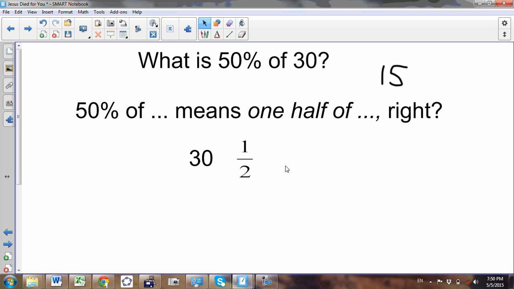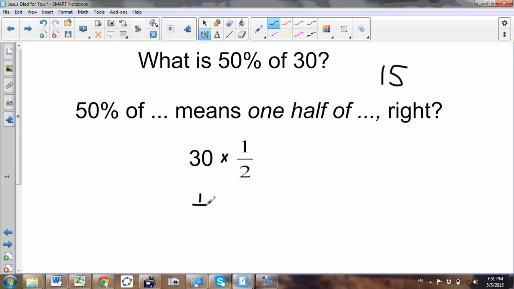There are only 4 operations that you can possibly use: addition, subtraction, multiplication, or division. Does 30 plus 1/2 equal 15? No. 30 minus 1/2 or 1/2 minus 30, either of those? No. 30 times 1/2? Yes. 30 times 1/2 equals 15. So that is 1/2 of.